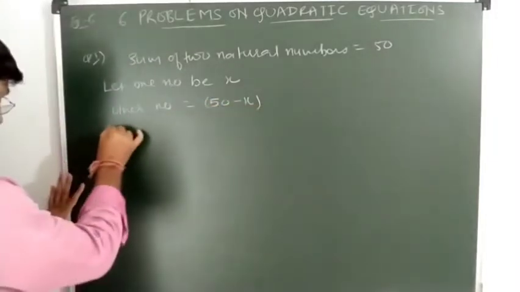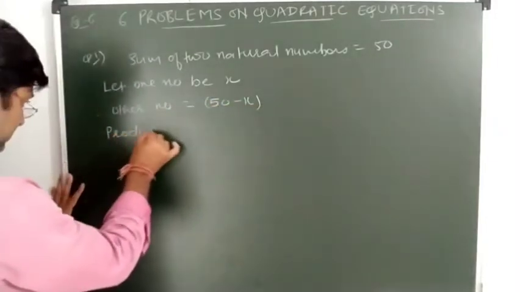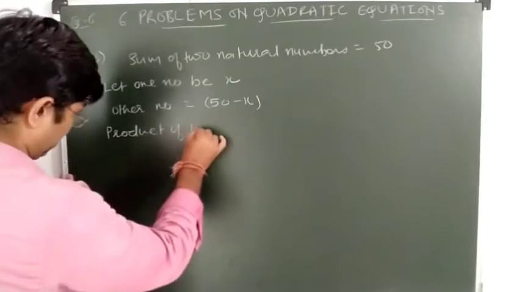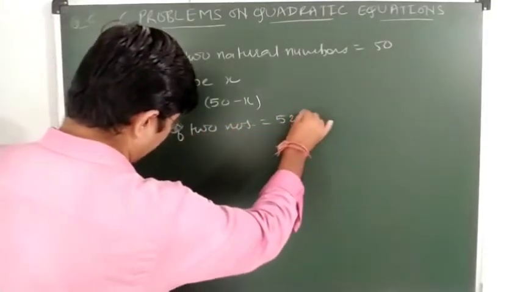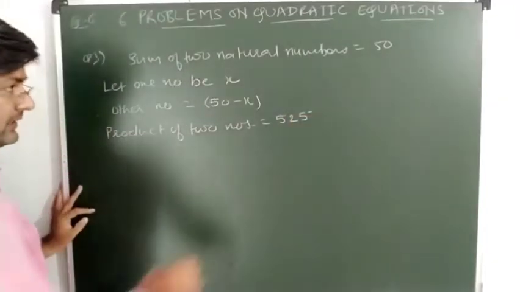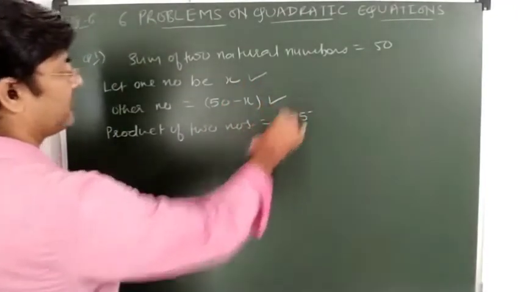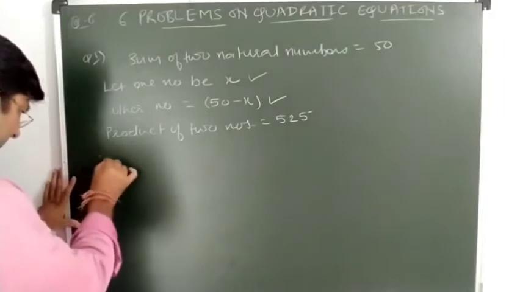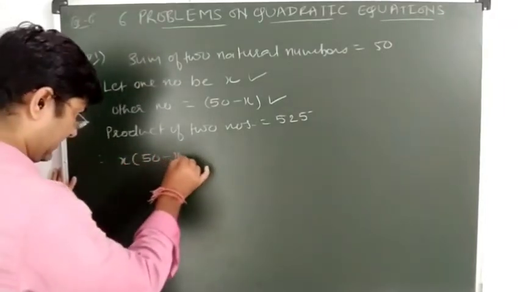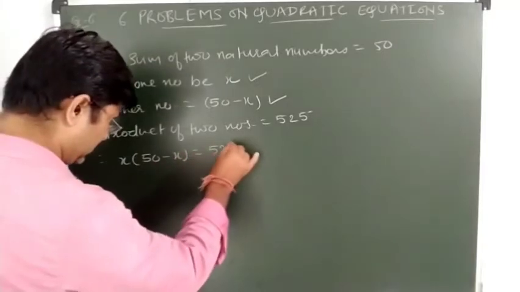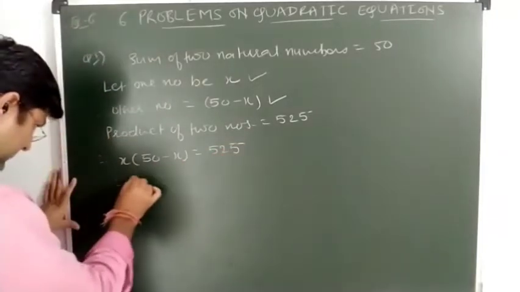Now the product of two numbers is given, that is 525. If you multiply x and 50 minus x, you will get 525. Therefore x into 50 minus x is equal to 525.